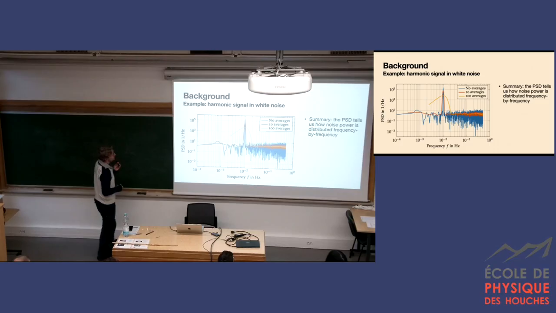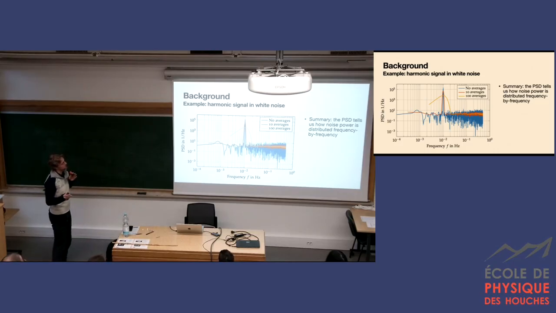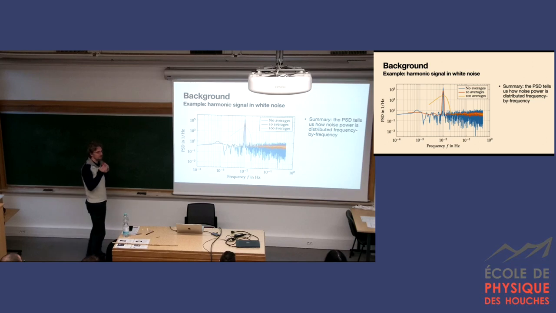But there's a trade-off that you can also see here. Because your segments are much shorter when you do that, the frequency resolution of your PSD estimate is also a lot worse. You can see that by this peak that I injected, which tends to shrink when I do that, because the PSD, intuitively, is the average power normalized by a frequency interval.